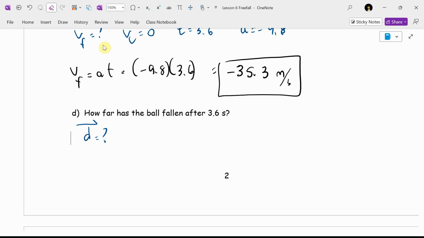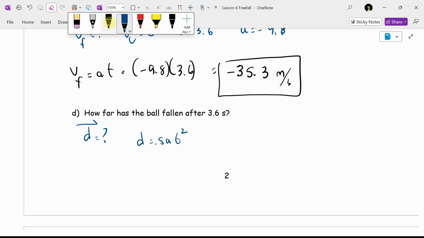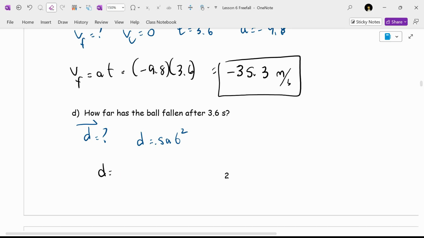I agree. I was crossing my fingers, saying, is she going to read the VIT? Yeah, we can go straight to D equals 0.5 AT squared. It's going to be D equals 0.5 times negative 9.8 times 3.6. Don't forget the squared.